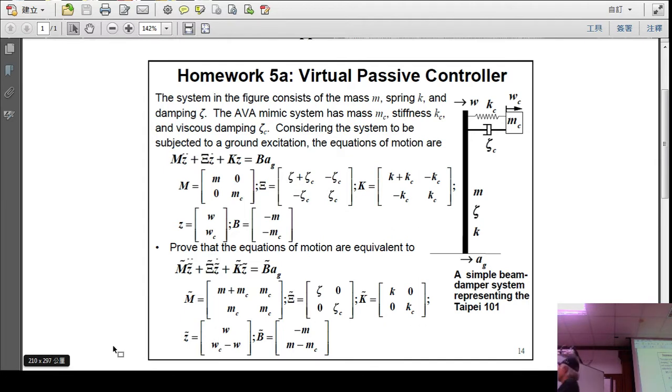If you look at this matrix there, let us just ignore some of the matrices. If you look at that, I call M plus MC. This is MC, this is MC, and this is MC.